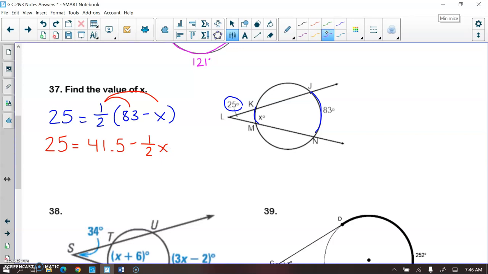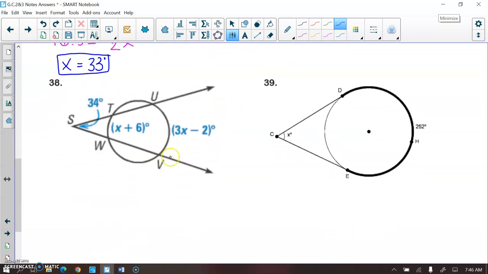Subtracting the 41.5 over, I get this. And to get X by itself, I'm just going to multiply by 2, or by -2 here. So 33 degrees.